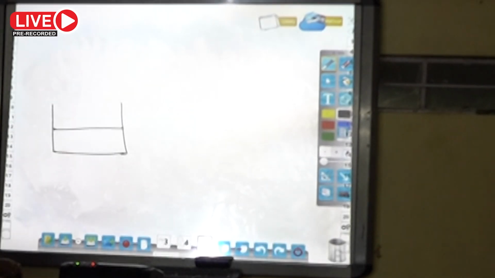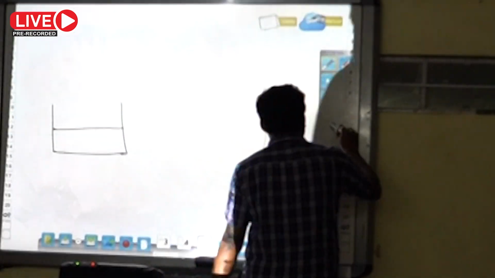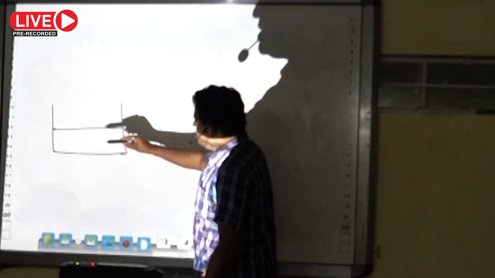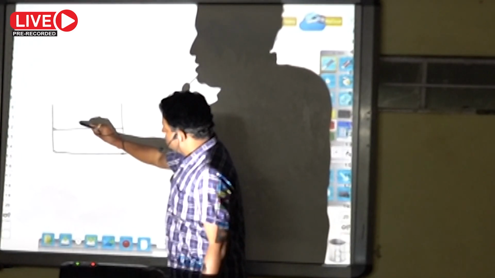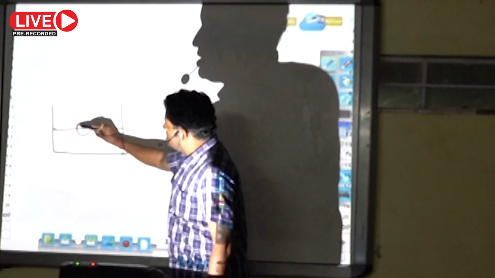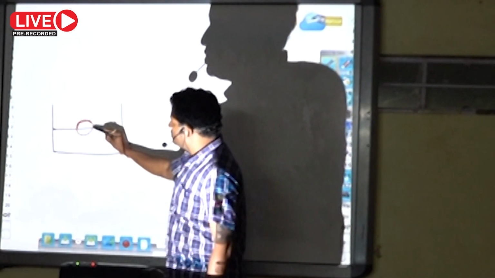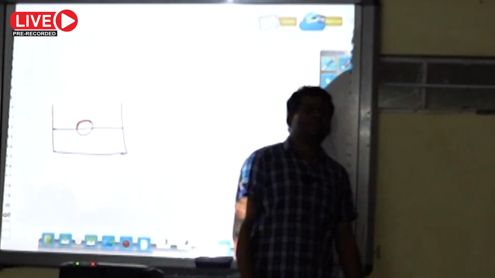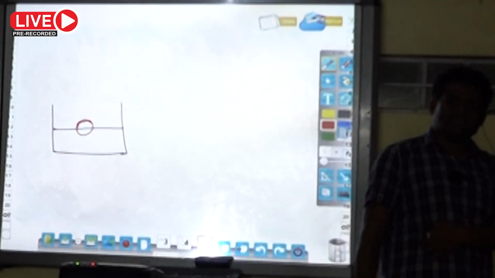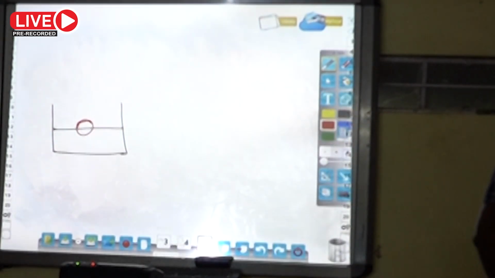Now a solid spherical cork, a spherical object, is floating in the mercury in half immersed condition.